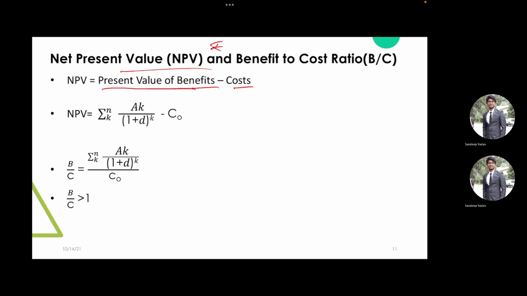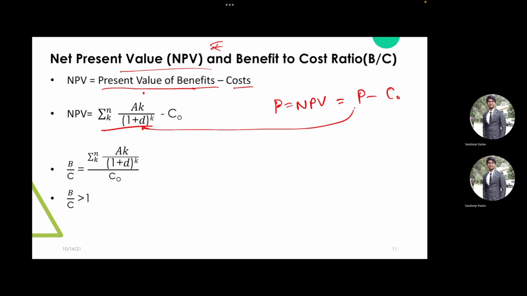NPV can be calculated as the summation of A_k upon (1 plus D) to the power k. That is the present value of benefit that we already calculated in the previous slide, that is P. So NPV will be P minus C naught. That P will be this formula.